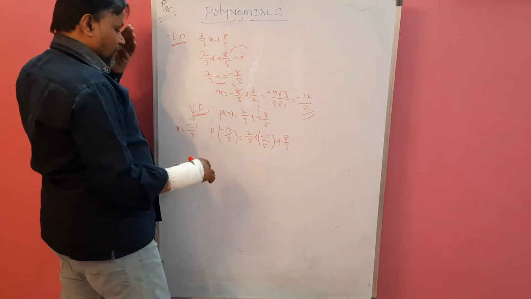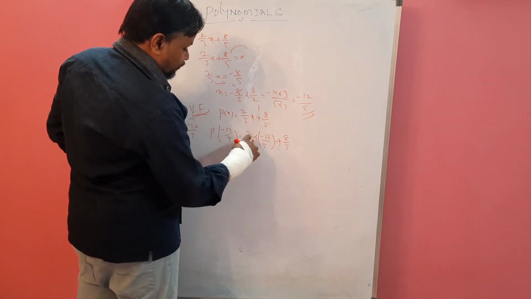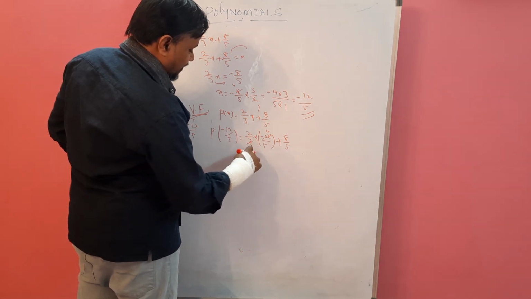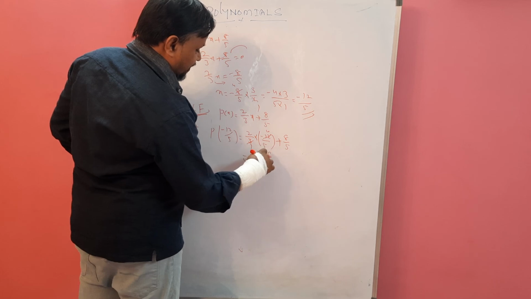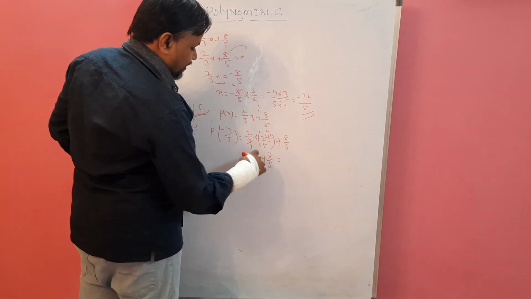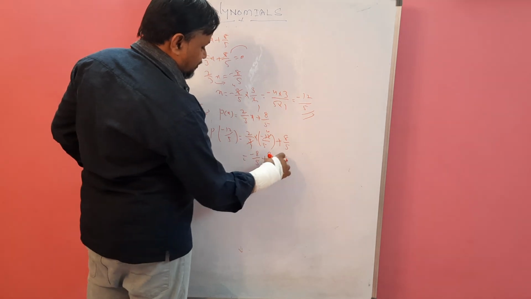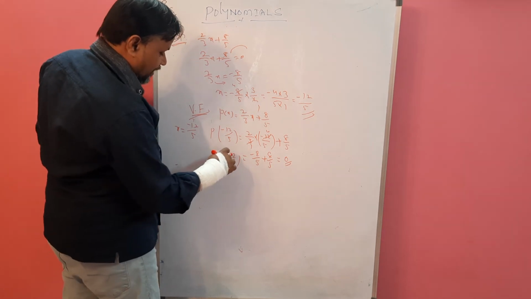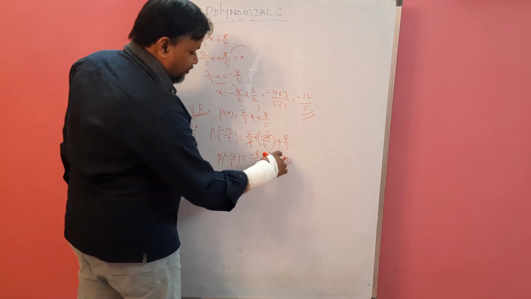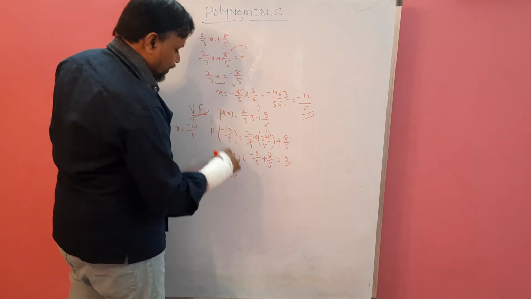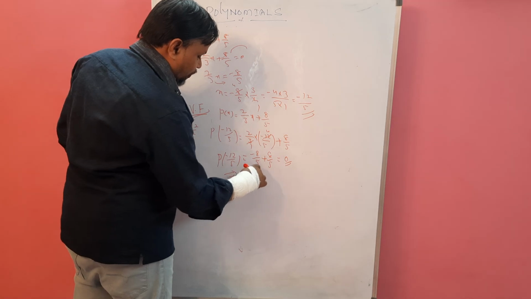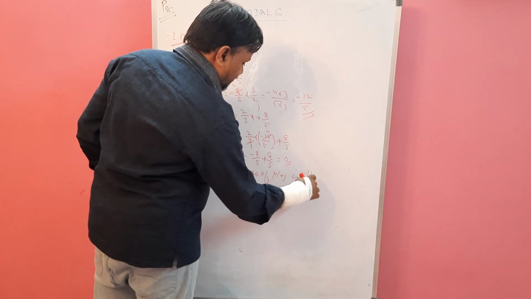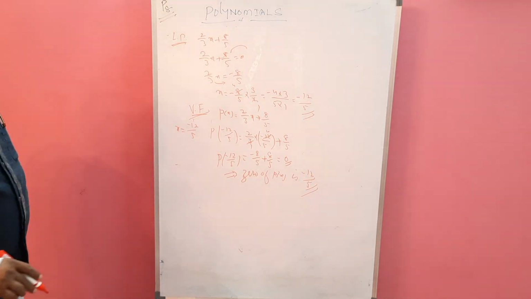Now checking: 3 ones are 3, 3 fours are 12, so 2 fours are 8, minus 8 by 5 plus 8 by 5. The same numbers are there, positive and negative, so the result is 0. At minus 12 by 5 the polynomial value becomes 0. Therefore, the 0 of p(x) is minus 12 by 5. So this is the 0 of the polynomial.